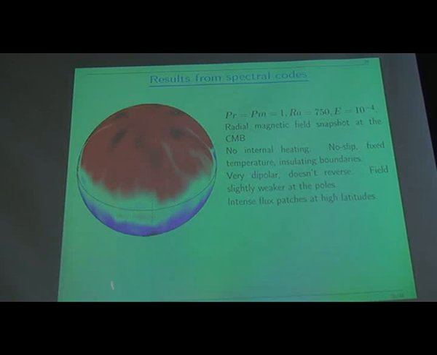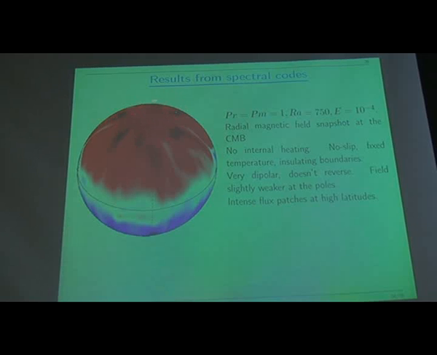And the interesting thing about this is, straight out of the box, so to speak, we've obviously got a huge mean field. So there's no doubt that these rapidly rotating convective dynamos produce decent mean fields, really without having to struggle. This happens almost naturally. And we see in this picture, it's quite interesting because there are intense flux patches at high latitudes.